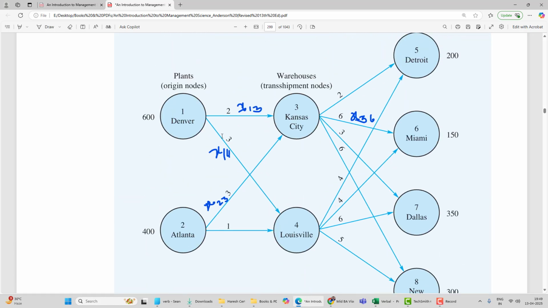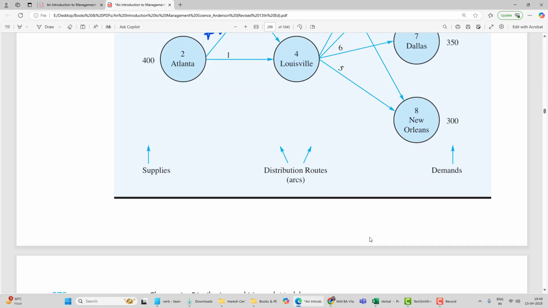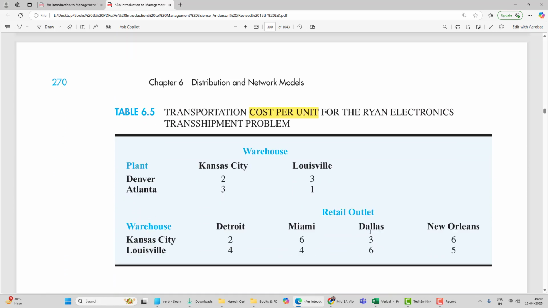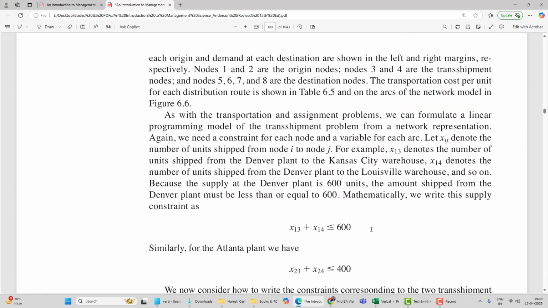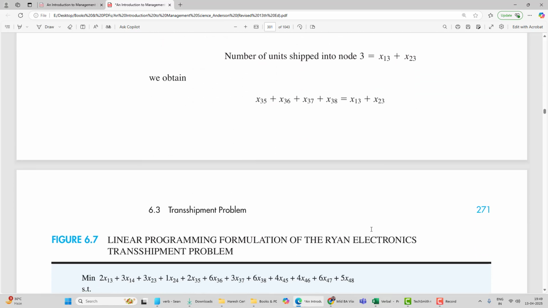In addition, your objective function will be to minimize the total cost of transportation, which will be given by 2x13, 3x14, and so on, and you add all those cost elements and try to minimize it. So your final model will look like this.